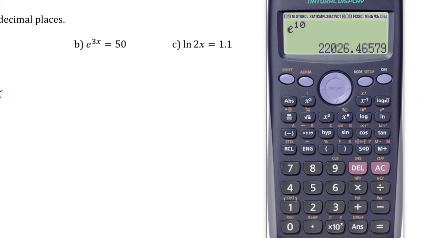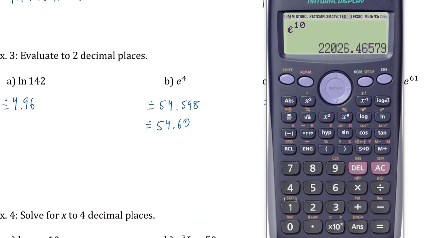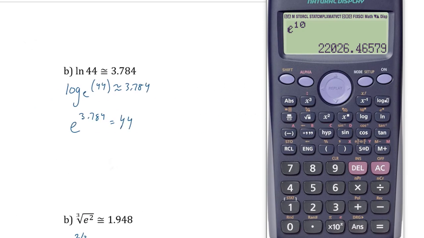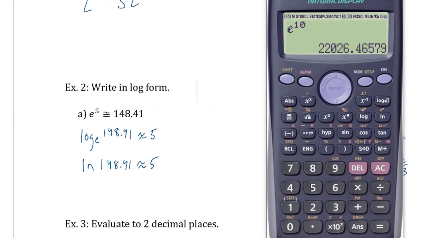What about this one? Well, when I have x in the exponent, I want to rewrite in logarithmic notation. And my base is e, base stays the same, so this is going to end up being 3x equals ln of 50. This is just this idea of rewriting like we did up here. Okay, it's no different, right? Rewrite in log form.